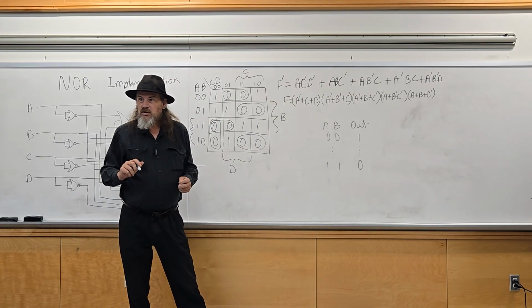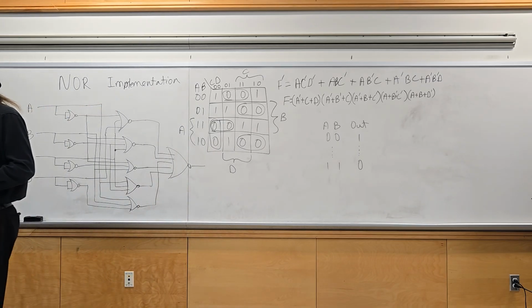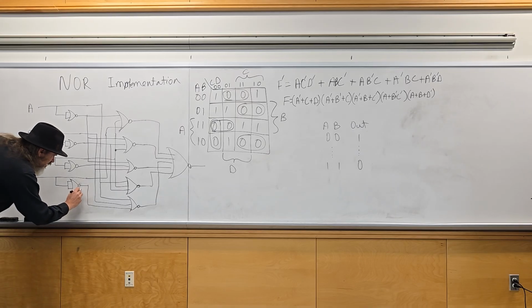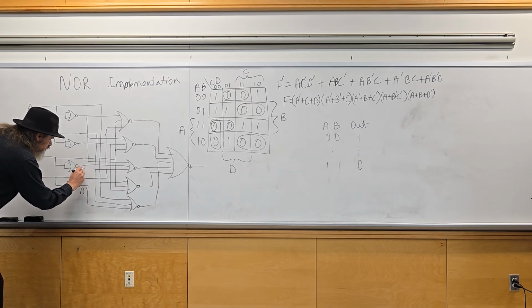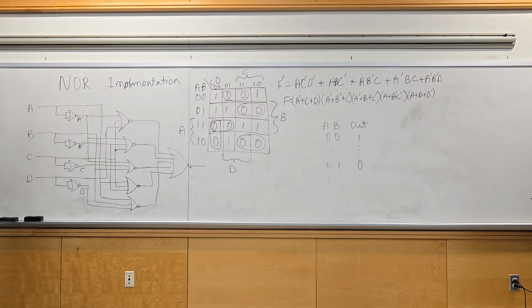You see that? So you can use a NOR gate as an inverter. So if all you have is NOR gates, no inverters, you can use a NOR gate as an inverter. Yes, this is D prime, this is C prime, B prime, A prime at those points.